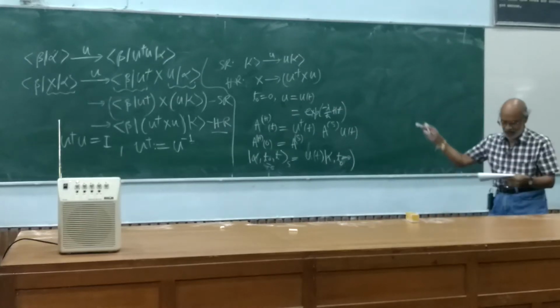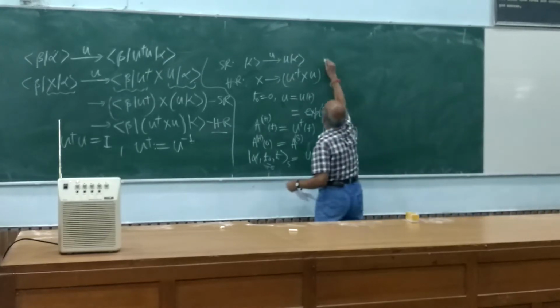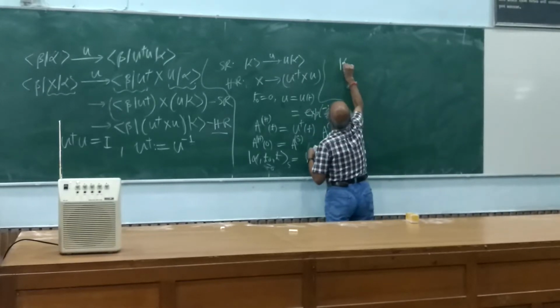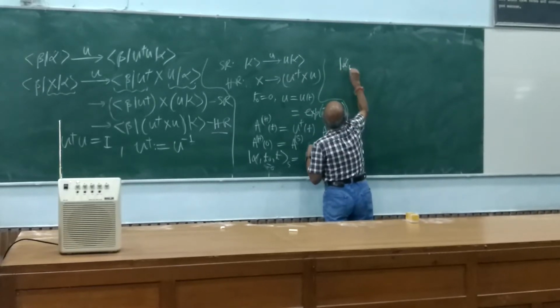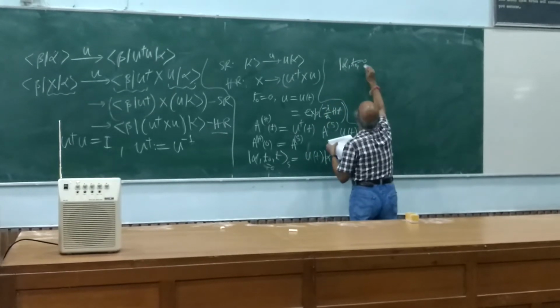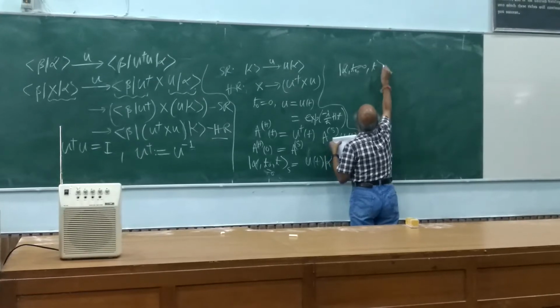Okay, and what is my Heisenberg state vector, alpha at T0 equal to 0 and T?